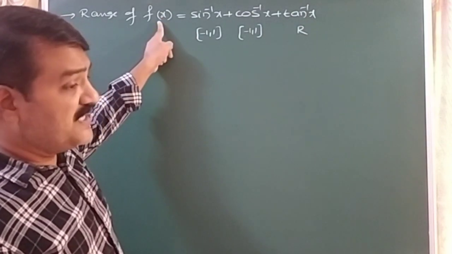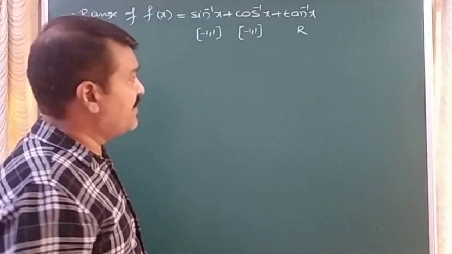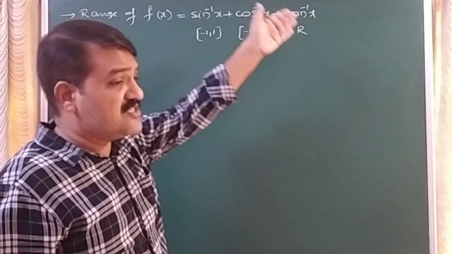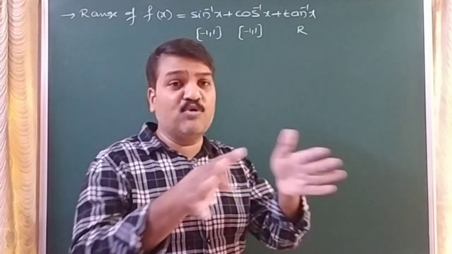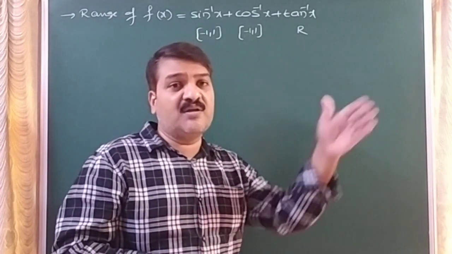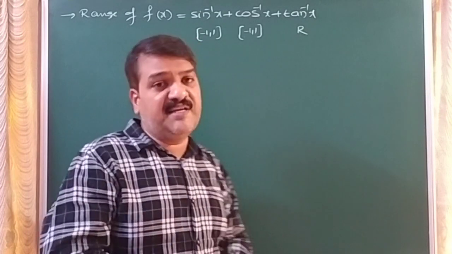And domain of f is the intersection of all these 3. So when we have more than one function involved, domain will be the common domain. That means intersection of the individual domain of each and every term we will take.